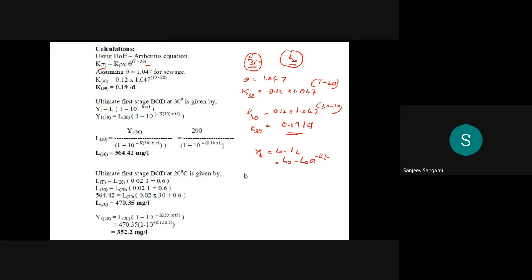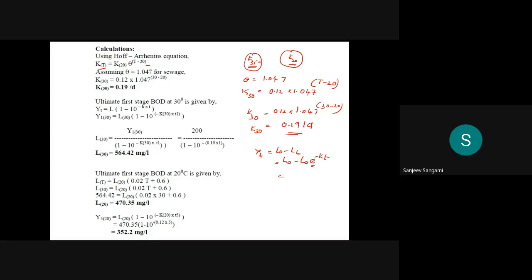If you take the logarithm, in place of e, if you take the power 10, then first we'll convert this into 10 to the power minus kt. So then L0, if you take the log scale, that is 10 power minus kt, to the base 10 if you convert it.